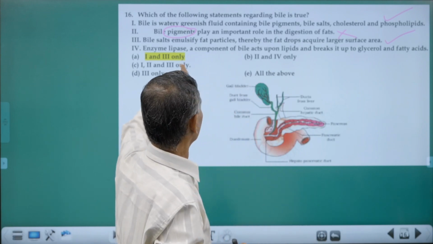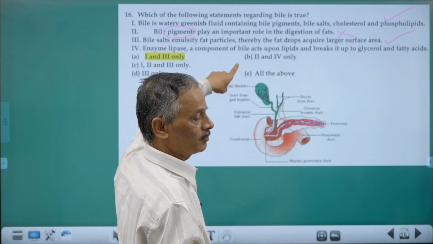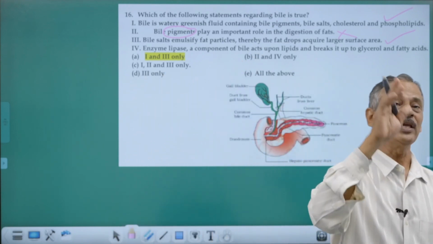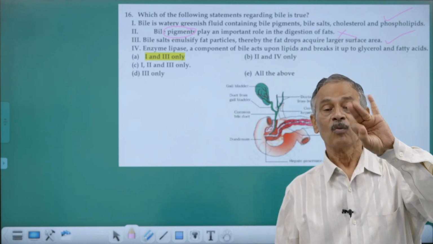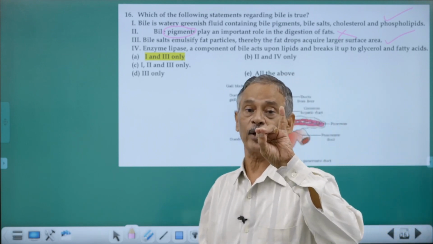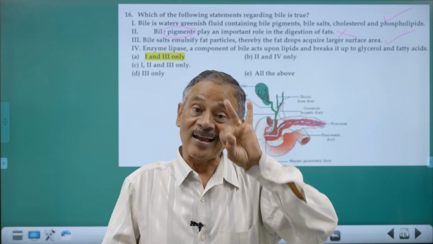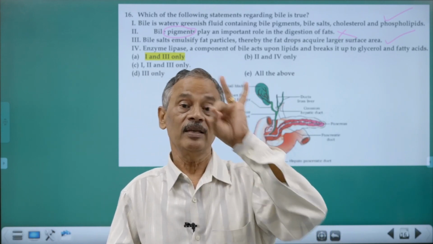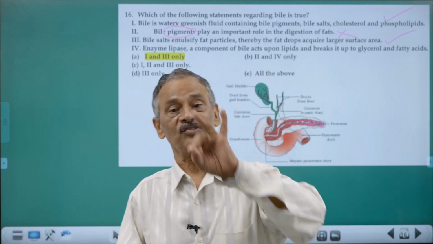Enzyme lipase, a component of bile. No, bile does not contain any digestive enzyme, but it is highly essential in digestion of fat. How? In three ways. One, it emulsifies fat, breaking it down into small droplets so that the surface area is increased. Two, it activates the lipase mainly present in pancreatic and succus entericus secretions.